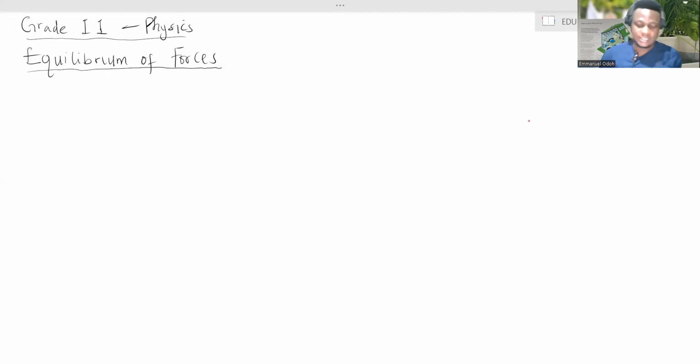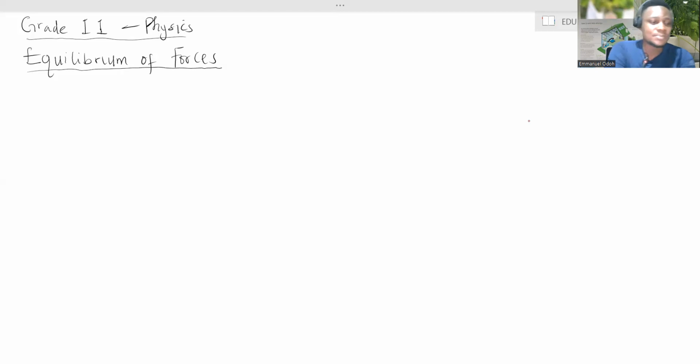Equilibrium of forces. So we will start by defining what equilibrium is. From the English perspective, equilibrium is a state of balance, a state of equality.